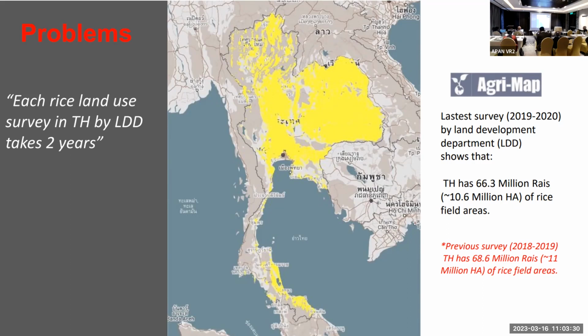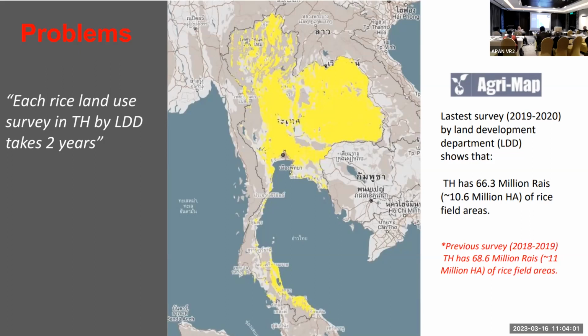That's the problem. For example, the current data in AgriMap is from 2020. Now we are in 2023, which means this paddy field map is 2 or 3 years old, not updated anymore.